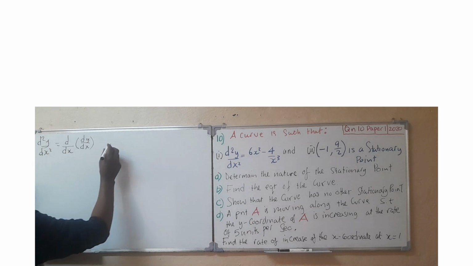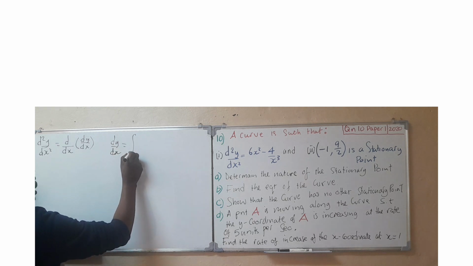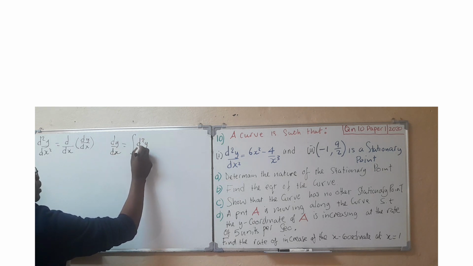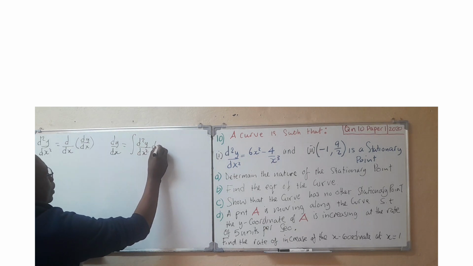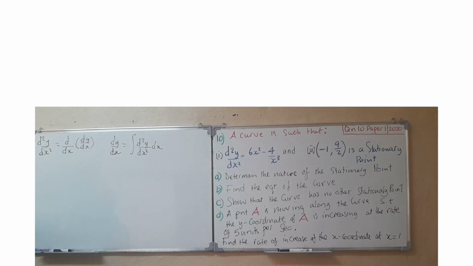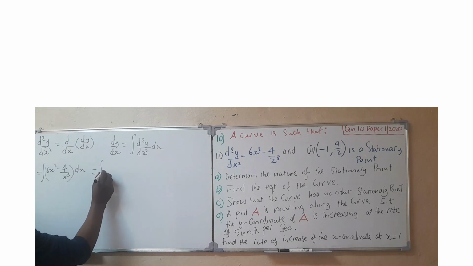In other words, dy/dx is equal to the integral of d²y/dx² with respect to x, which of course is what we were given there, (6x² minus 4) divided by x³ with respect to x. Let me write it in a way that makes life simple for me.